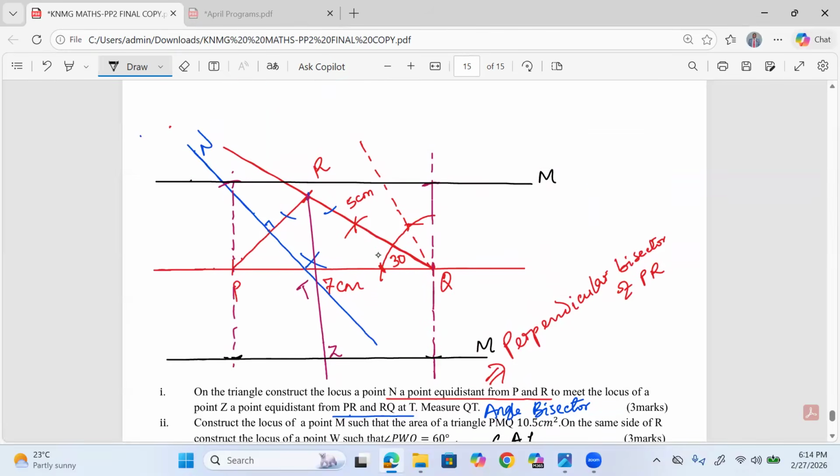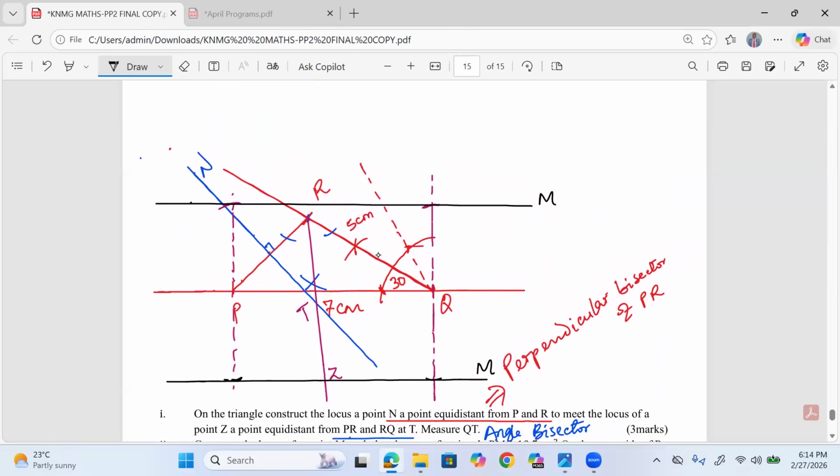And because we are already having 30 degrees at point Q, we now need to bisect PQ perpendicularly. If we bisect PQ perpendicularly, let me show you, we shall have that bisector passing through the center.